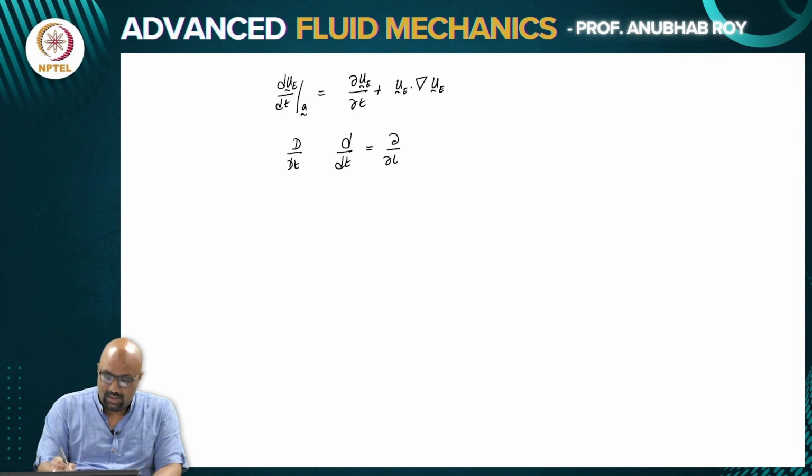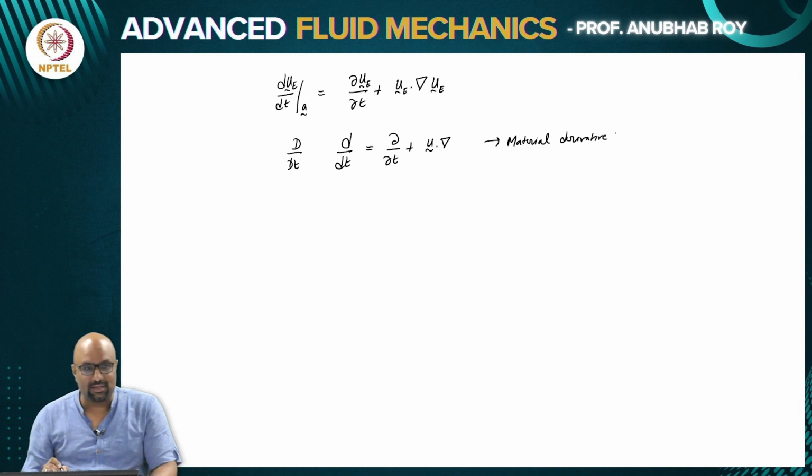This is what is known as the material derivative. I am dropping the E from here, because from here onwards we will refer to everything as the velocity field. This gives us crucial information on how acceleration is to be measured at a given point in space.